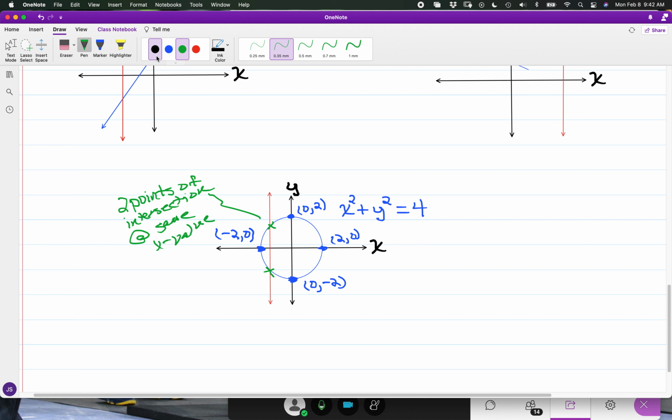Because of this, something like x squared plus y squared is equal to 4 is not going to be a function.